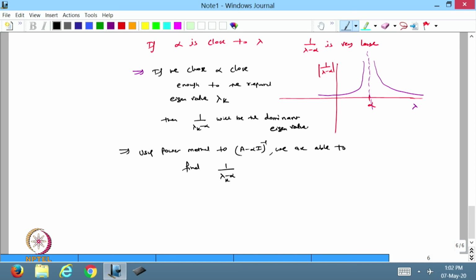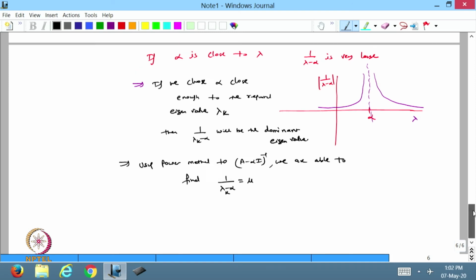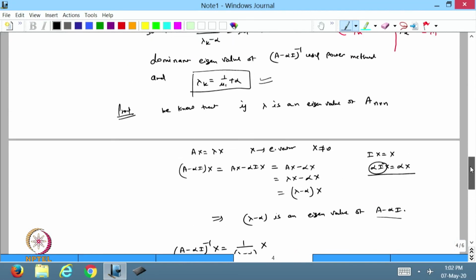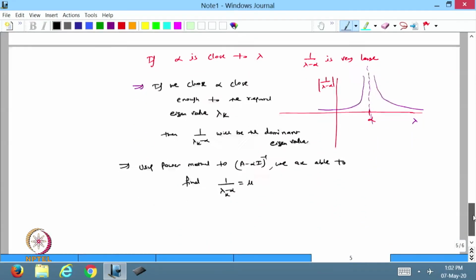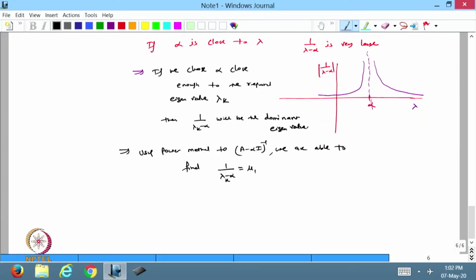Suppose this is equal to mu 1. So, this is the eigenvalue of this. From here I know that 1 over mu 1 will be lambda k minus alpha, and from here my lambda k will be 1 over mu 1 plus alpha.